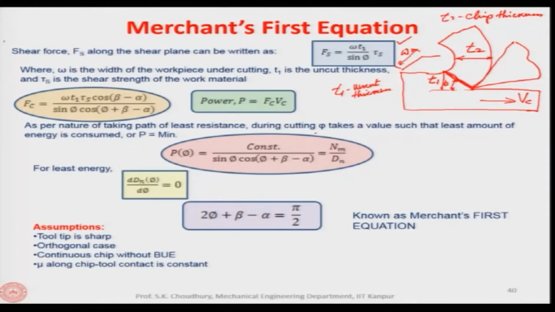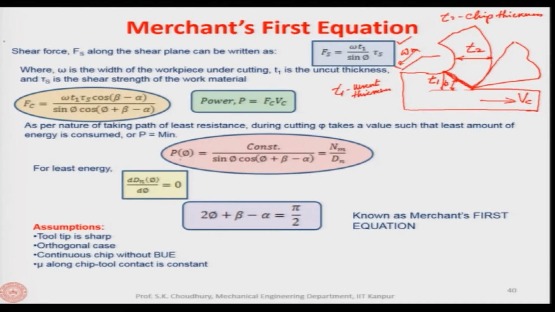This is the natural process, like in nature everything goes to the least resistance. So, here also the phi adjusts itself so that the minimum power is consumed, or P remains minimum.